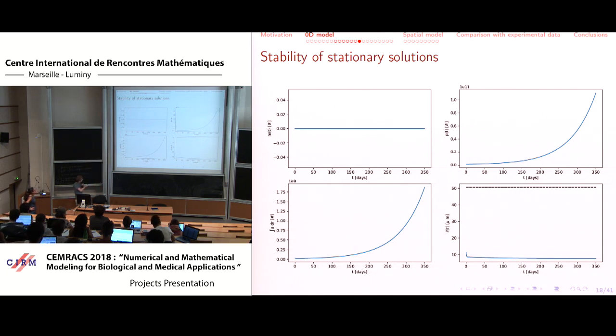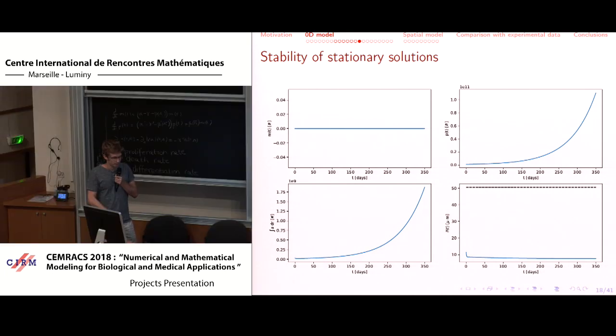And we have an explosion of p and a. So it may imply that the stationary solutions are not stable, but we need to check. This example is with one particular set of parameters, and we need to check with more parameters.